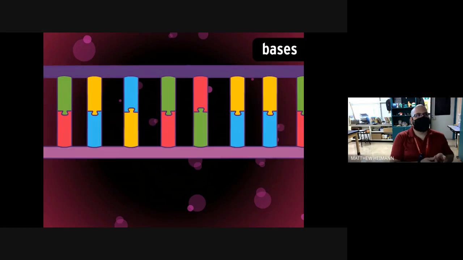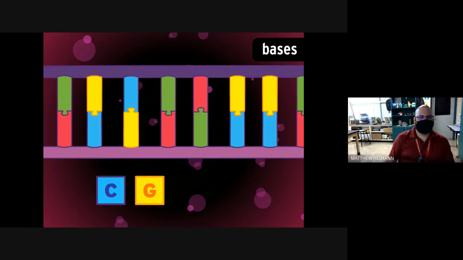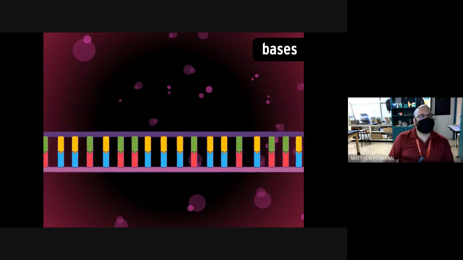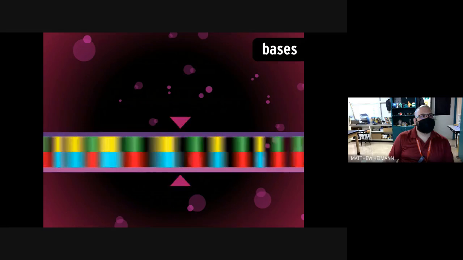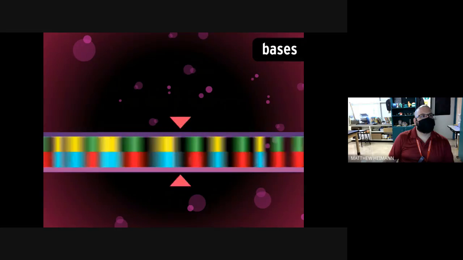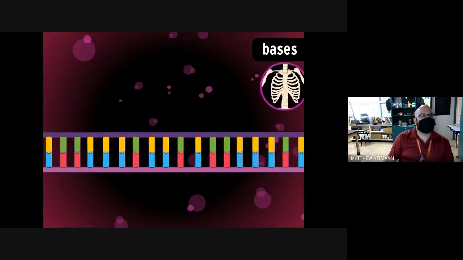There are 4 different bases, and they stick together like puzzle pieces, always in the same pairs. They are cytosine, guanine, adenine, and thymine. You can think of bases as words in a special kind of language. They can be arranged into millions of different sequences, like sentences that spell out instructions for building any kind of protein.